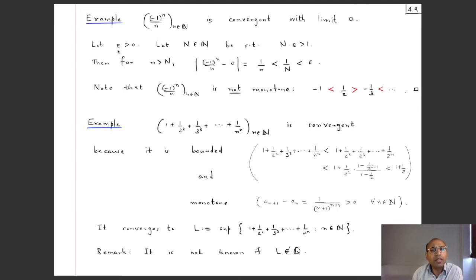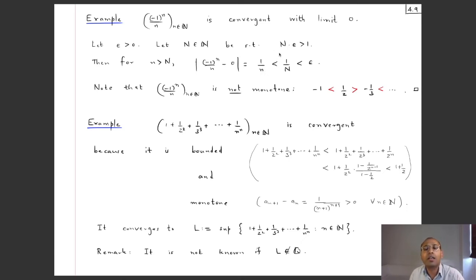We have to show that given any distance epsilon positive, there exists an index capital N, such that beyond that index, the distance of the nth term, which is this, minus the limit, which I'm claiming is 0, is less than epsilon. But you see, the mod of this, the sign will not be seen, and you just have 1 by n, and then that's a calculation that we had done earlier.